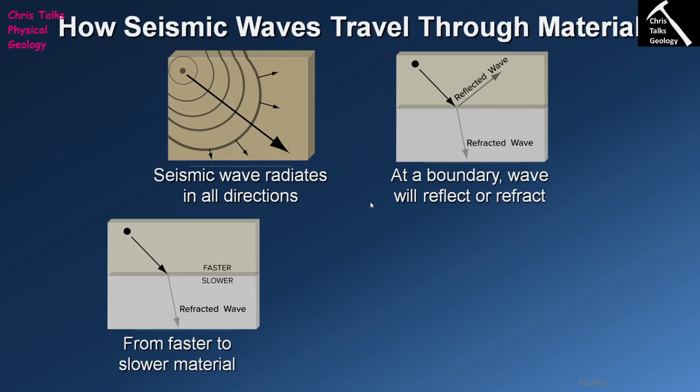diagrams below. So in this situation, we have a transition where we're moving from a faster material here to a slower material here. When we're talking about faster and slower, we simply are referring to the efficiency with which the wave can move through the material. The more efficiently it can move through the material, the faster it will be capable of traveling.